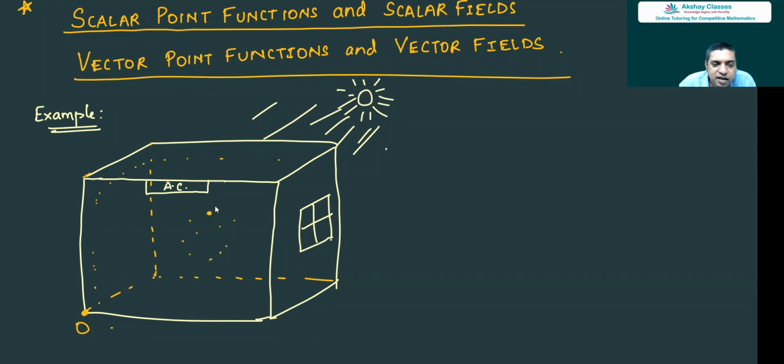Temperature at any point in the room is a scalar point function, because temperature is a scalar.